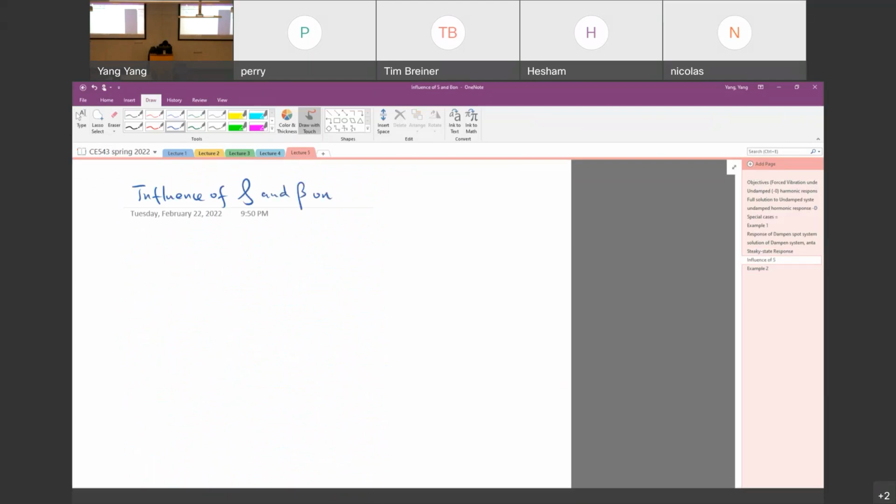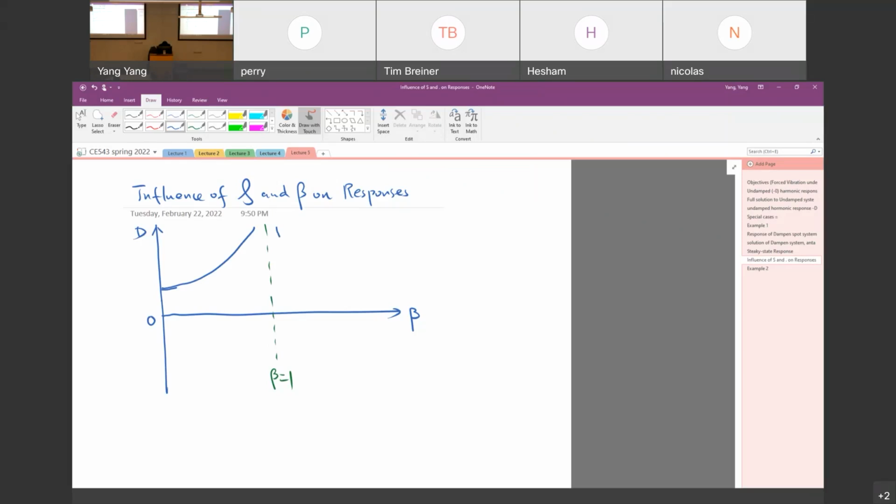If we plot the amplification factor as a function of beta, if the damping ratio equals 0, that is the undamped system, resonance.